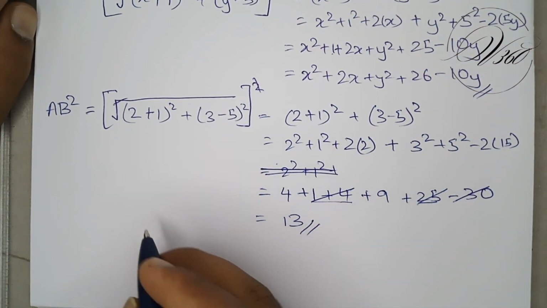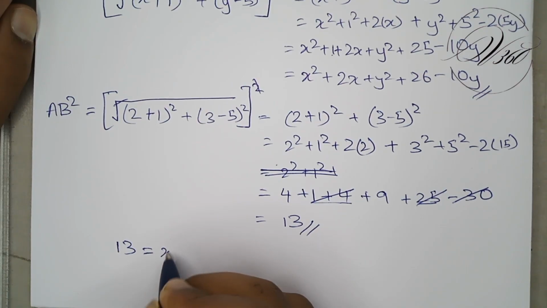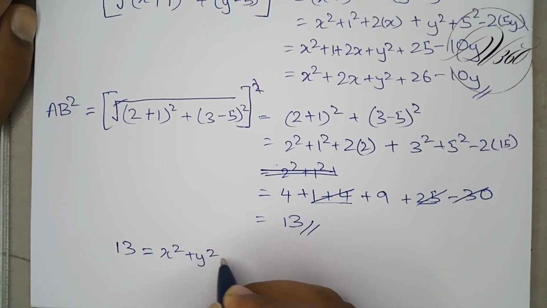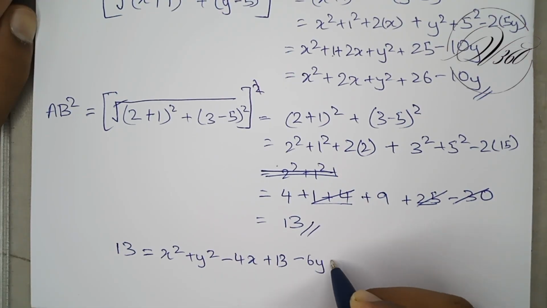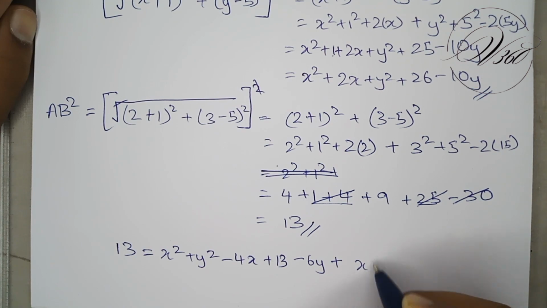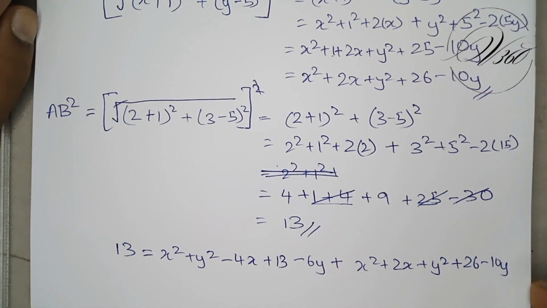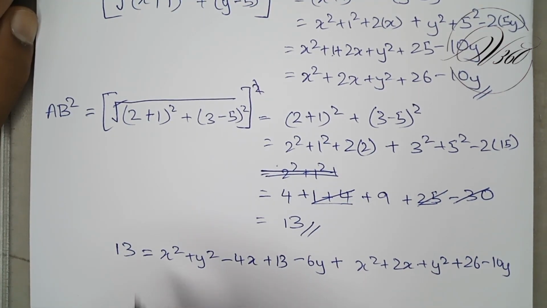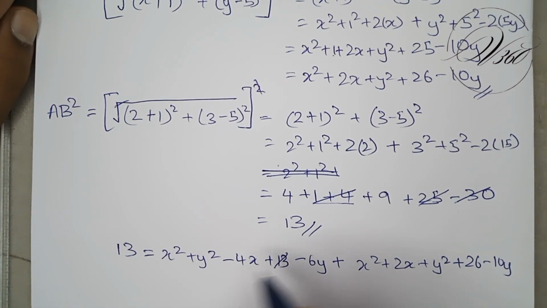Now by the given condition we'll get 13 is equal to x square plus y square minus 4x plus 13 minus 6y plus x square plus 2x plus y square plus 26 minus 10y. Now here we'll solve. Here 13, if we take this side, we'll get 0 this side.